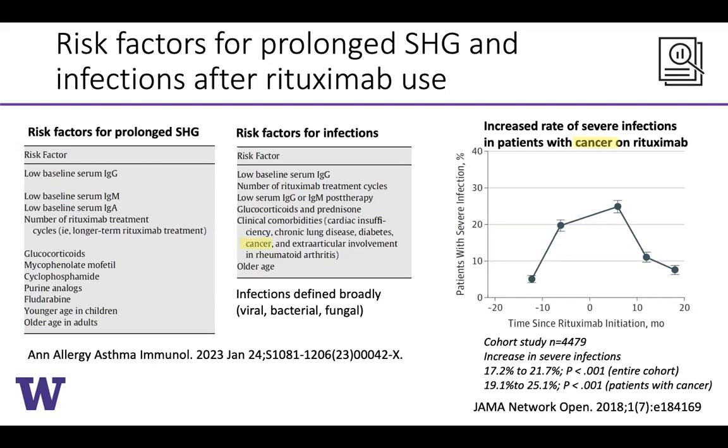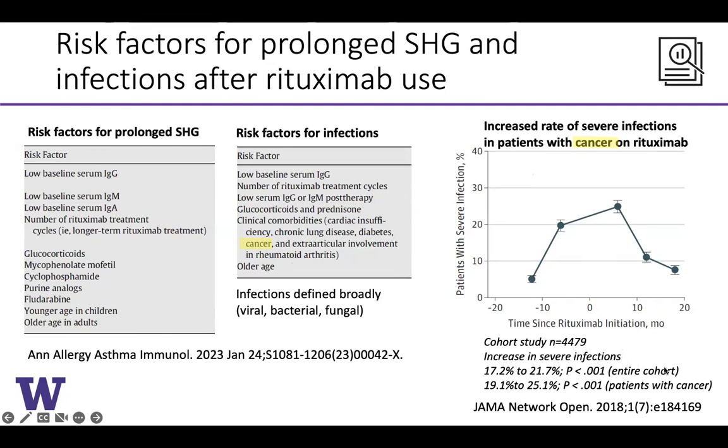As for risk factors for infections specifically, depending on the study, they are similar to the risk factors for prolonged secondary hypogammaglobulinemia. I highlighted cancer here, the various types of cancer, because that seems to come up more often in terms of association with increased risk of infection.